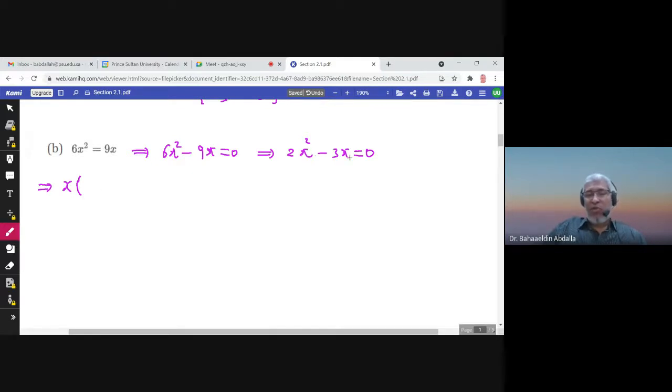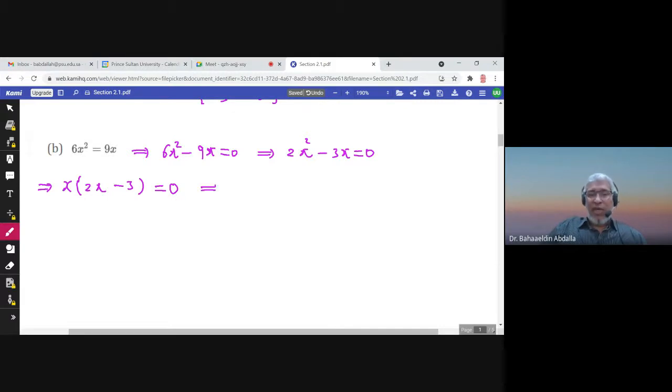So we have x to the power 2, x to the power 1. So you take x to the power 1 as a common factor, and then you divide 2x squared by x. So you have 2x, because 2 minus 1 is 1. And then minus 3x divided by x is negative 3, and x cancels with x.